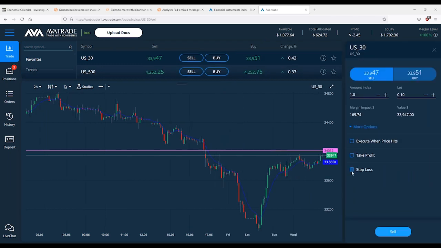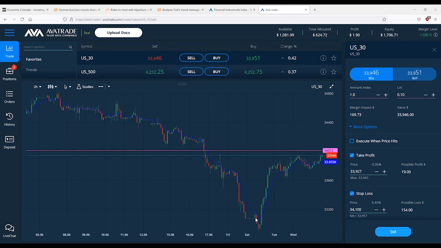Stop loss just above this level would be 34,100.